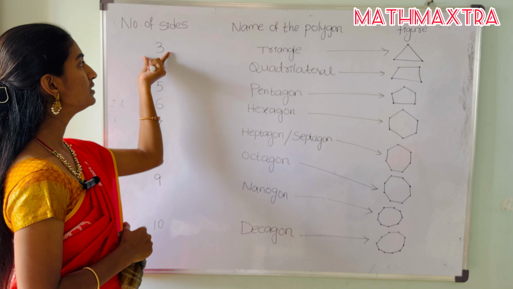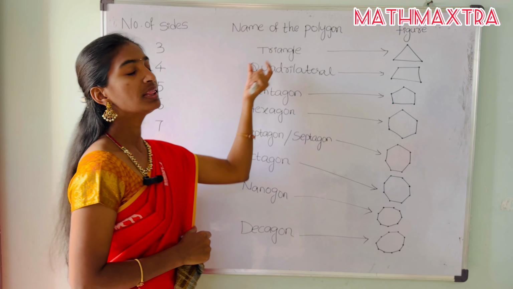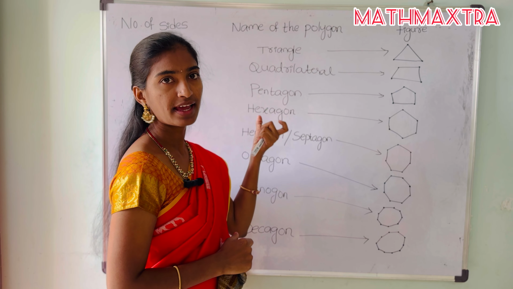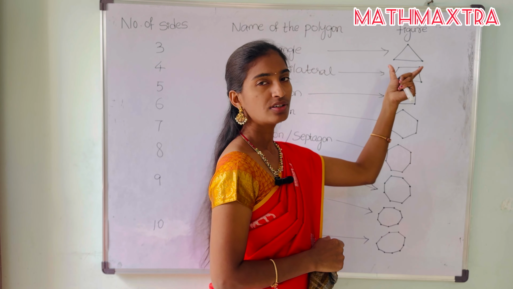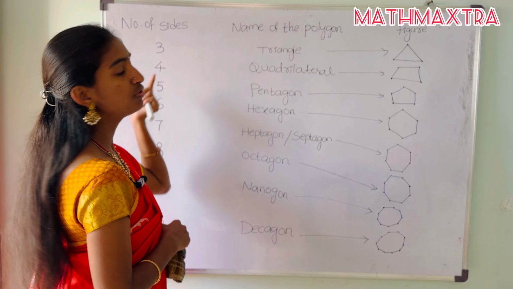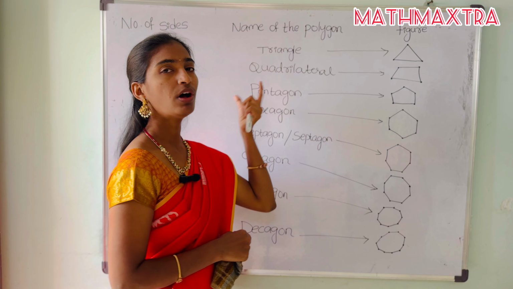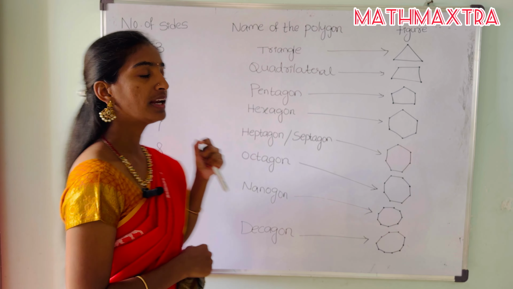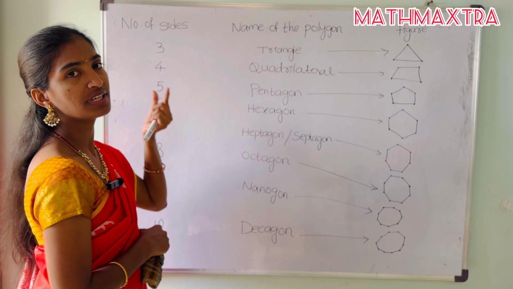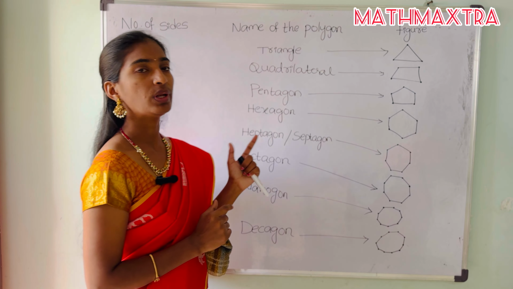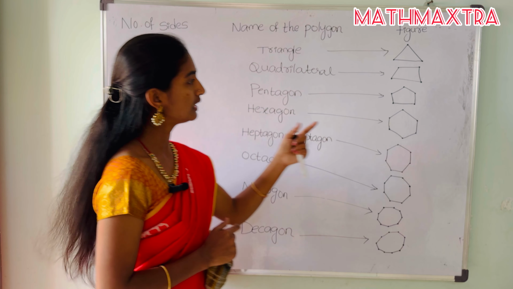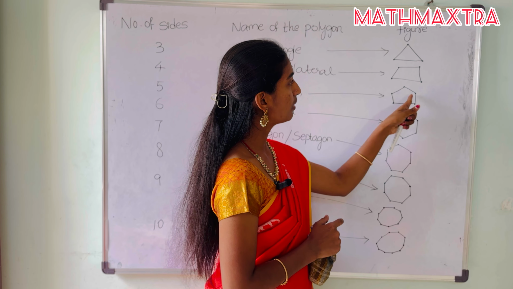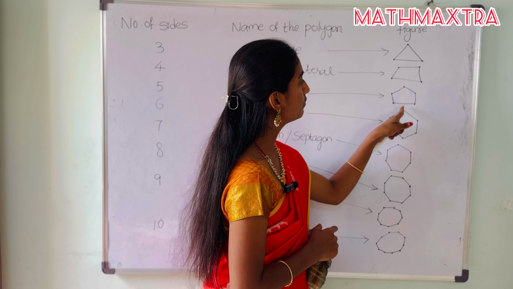Okay. These are different names of a polygon according to the number of sides. See, if we have three sides, then we call this polygon a triangle. Look at the figure. If we have four sides, then we call that polygon a quadrilateral. Yes, this is a quadrilateral. If we have five sides, then we call that polygon a pentagon. See, look at this: 1, 2, 3, 4, 5.